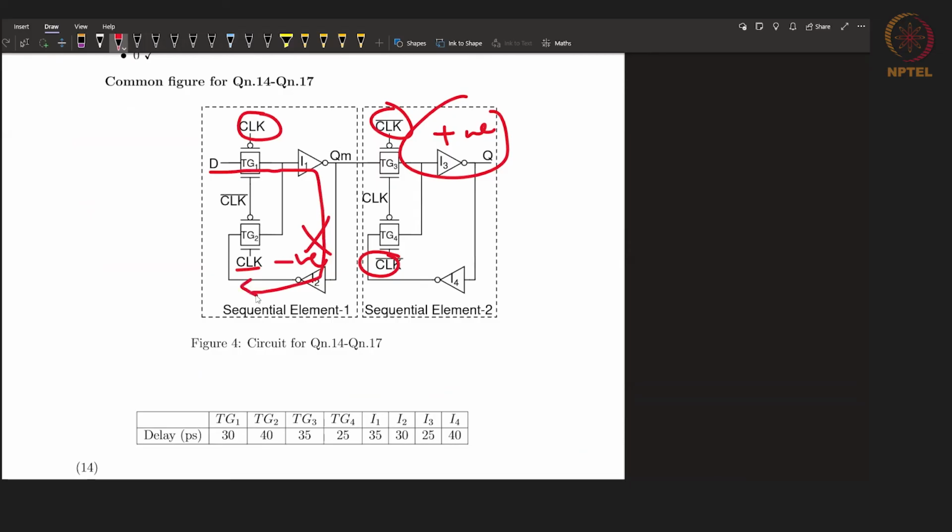Why? Because if the data is not ready that much time before, and immediately changes, then by the time the clock comes and samples it and stores, the recombination will not happen. This TG2 will not have the value, so that this element will store the value. Therefore, the value is TG1 plus I1 plus I2.